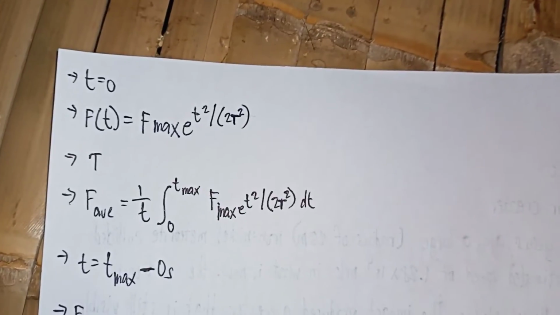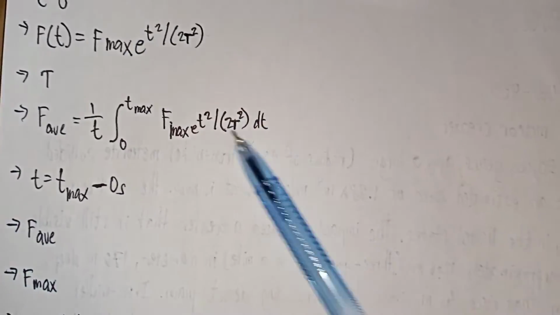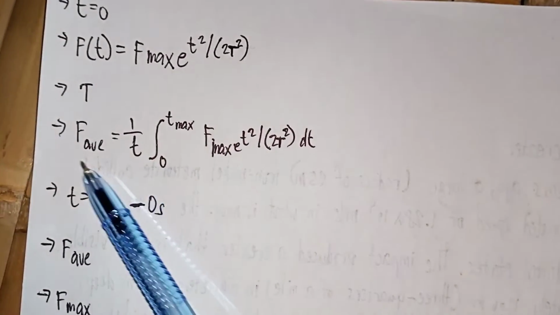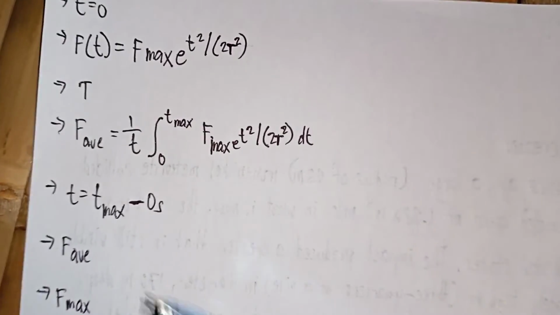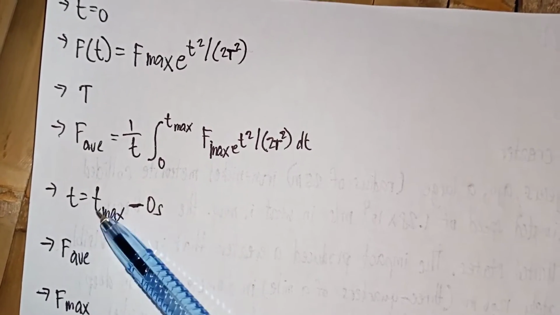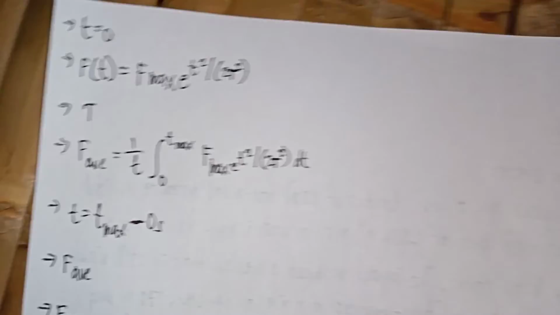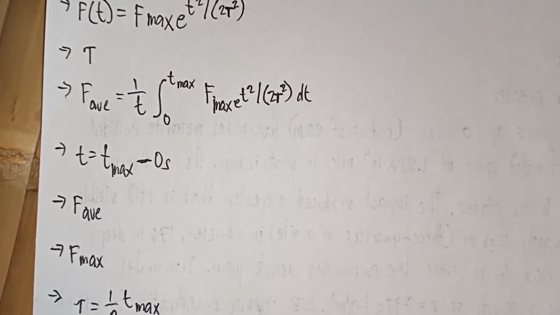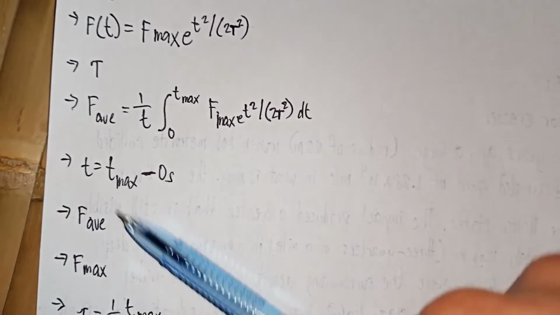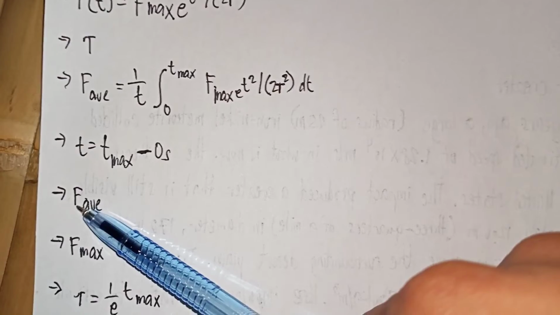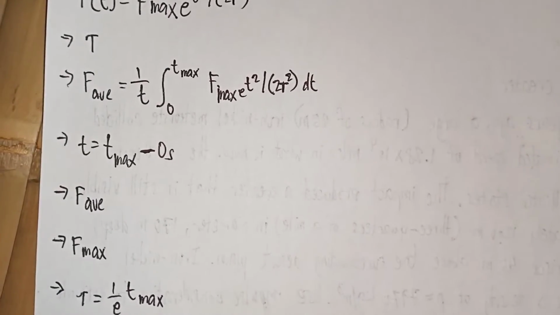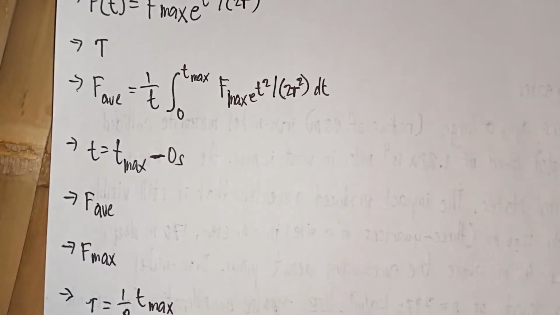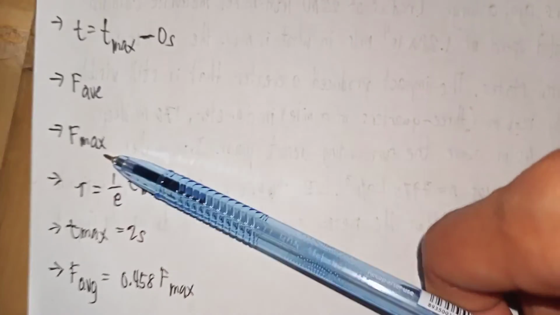So for the average force, where t runs from 0 to t max. Since we have a numeric value for the average force, we can use the result of the integral to obtain F of max.